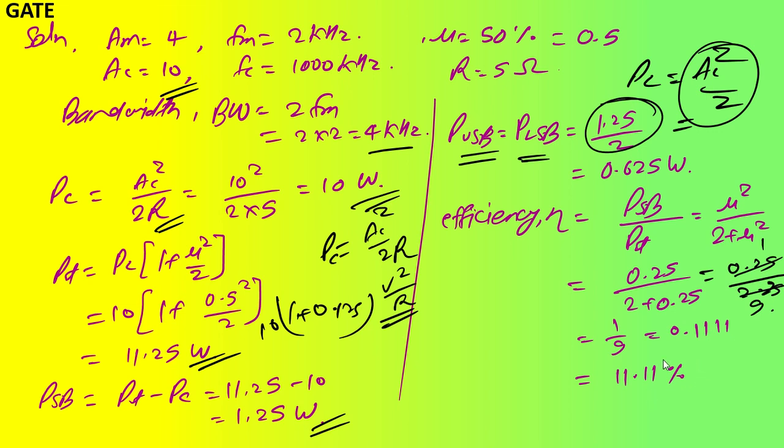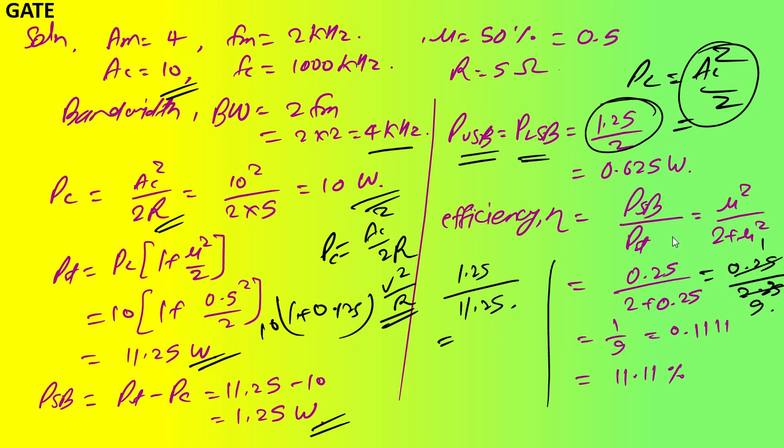Or from here also you can find out PSB by PT. So PSB was 1.25 divided by PT, which was 11.25. With this you will be able to get your efficiency.